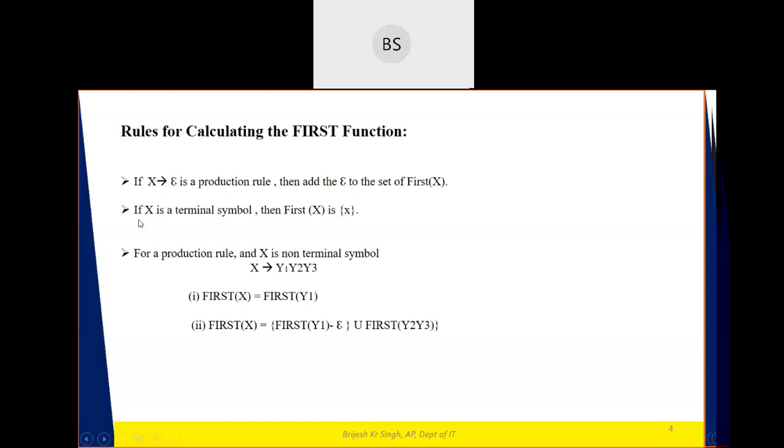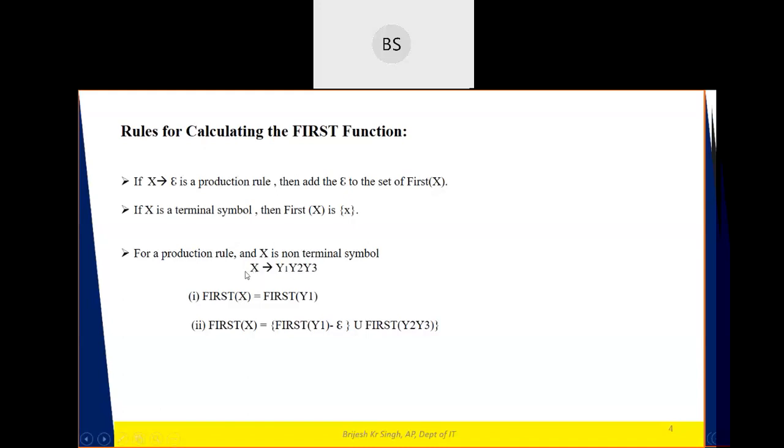Another rule: if X is a terminal symbol, then FIRST of X is X. Another rule is for a production rule where X is a non-terminal symbol, like X produces Y1 Y2 Y3.